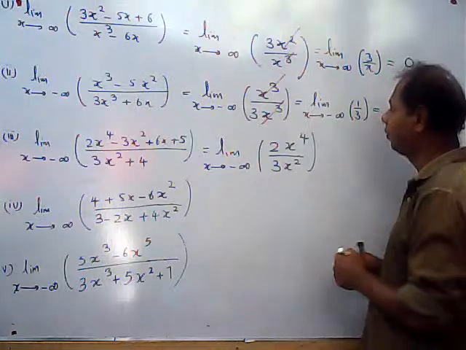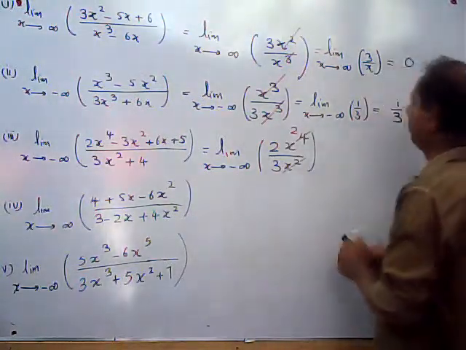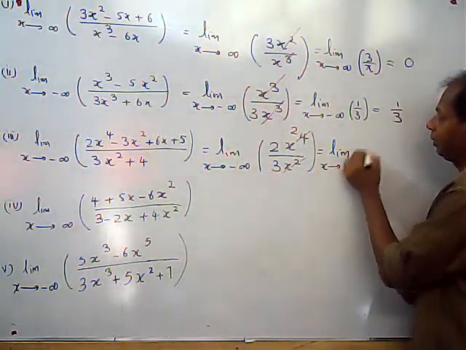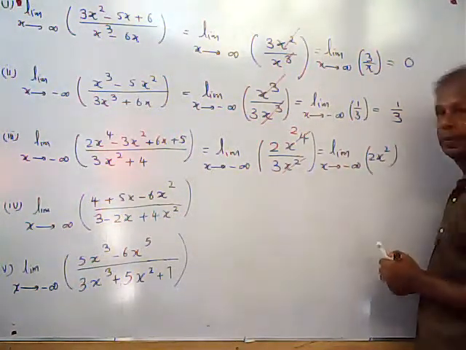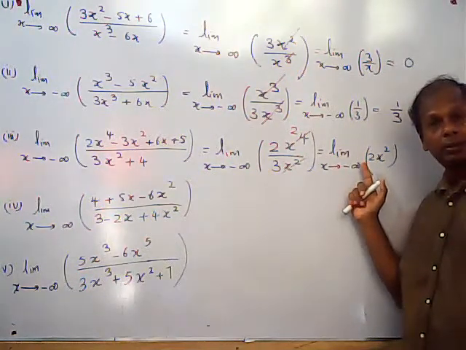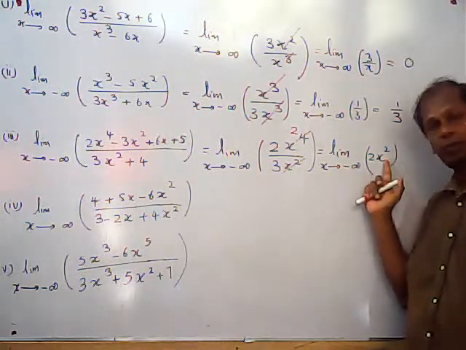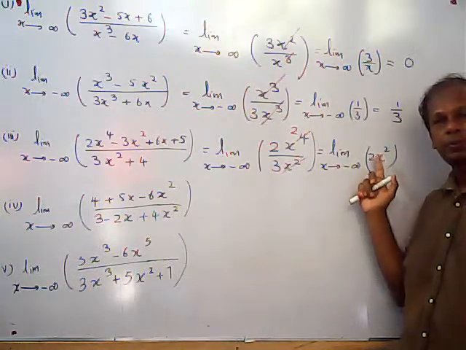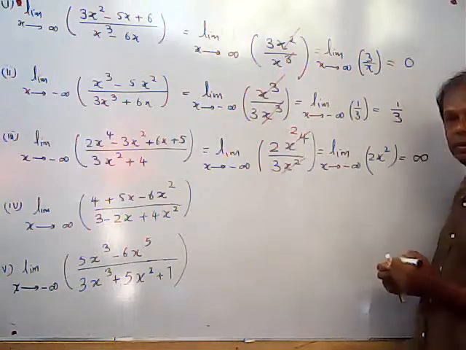And x squared will cancel off, leaving limit as x goes to negative infinity 2x squared. X goes to negative infinity, but it's x squared remaining. Whatever x is other than 0, x squared will be positive. So as x goes to negative infinity, this will go to positive infinity. So the limit is positive infinity.